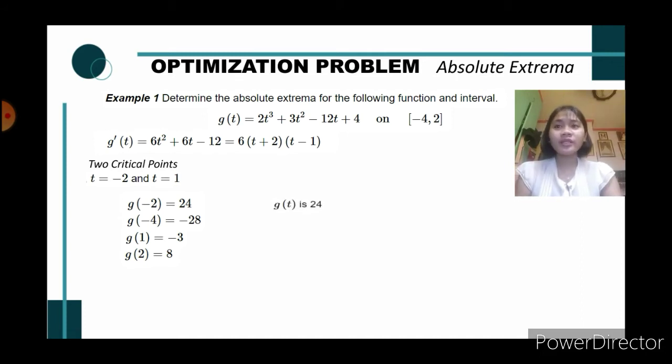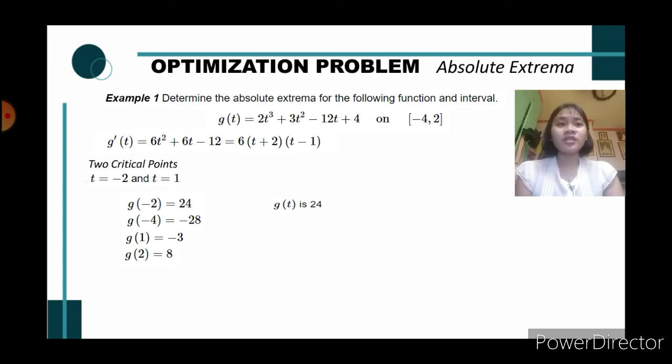Absolute extrema are the largest and smallest the function will ever be, and these 4 values represent the only places in the interval where the absolute extrema can occur. So, from this list na present yung 4, we see that the absolute maximum of the function g of t is 24, and it occurs at t is equal to negative 2, our critical point.